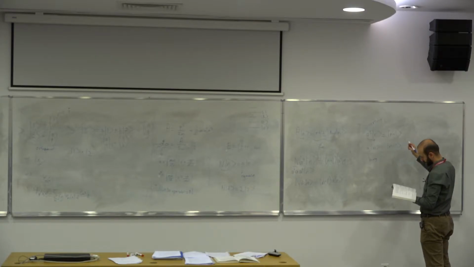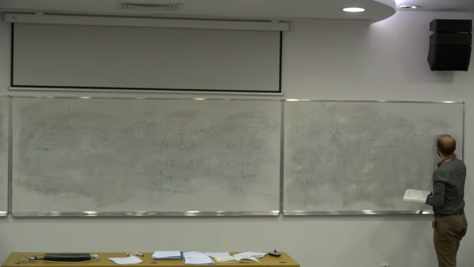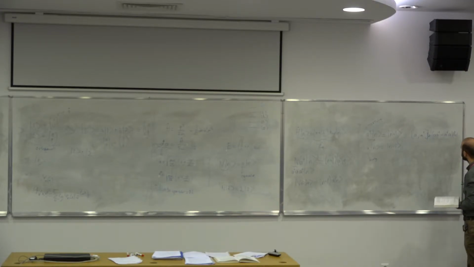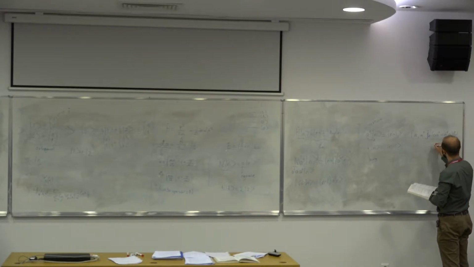I would like to write this down. So a a dagger minus a dagger a acting on a certain function, let's say. It turns out that this commutation relation is 1.